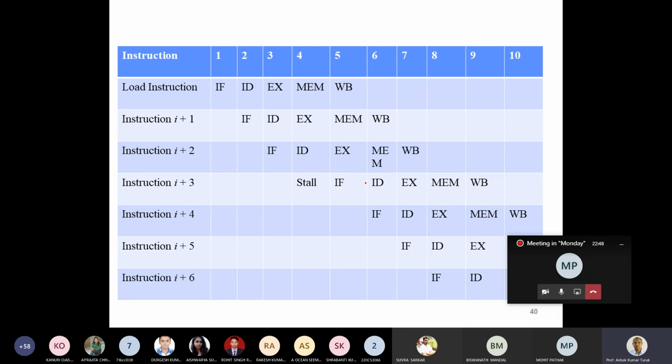So this is my pipeline diagram, and this is clock cycle 4. Two instructions, the load and instruction I plus 3, require the memory. So you stall instruction I plus 3. This is my instruction I, and this is instruction I plus 3. It is stalled for 1 clock cycle.